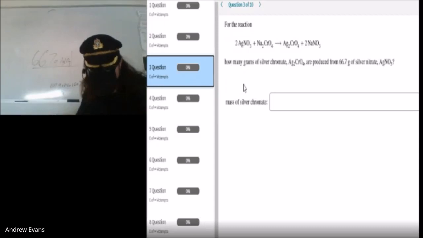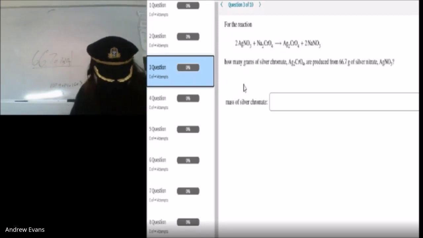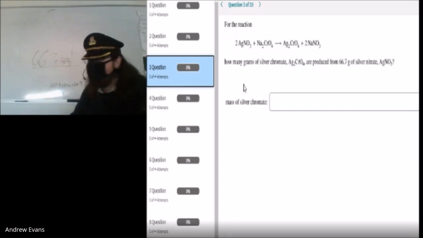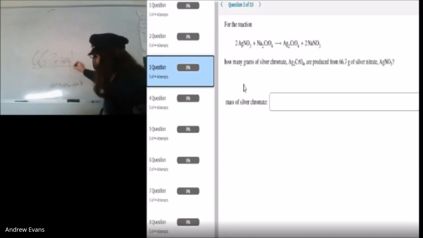Okay, I got those numbers. Those are the important numbers we got here. So, silver nitrate: 107.9 plus 14 plus 16 times 3 is 169.9.